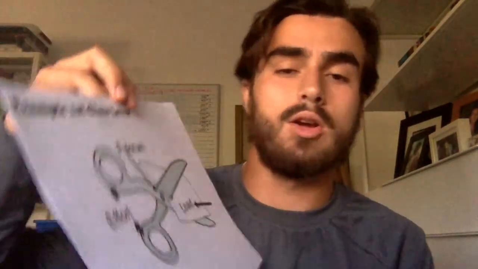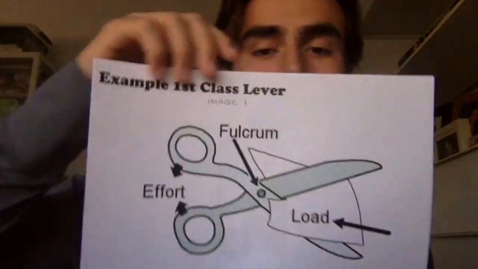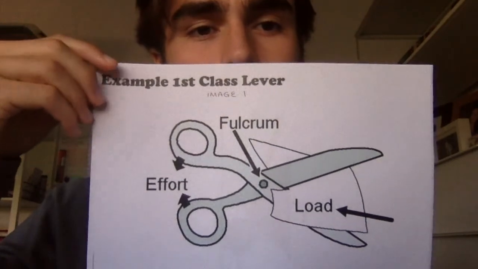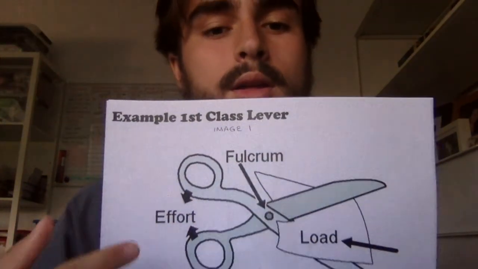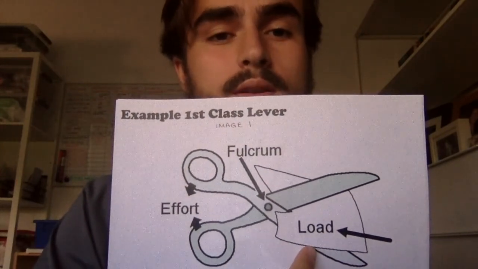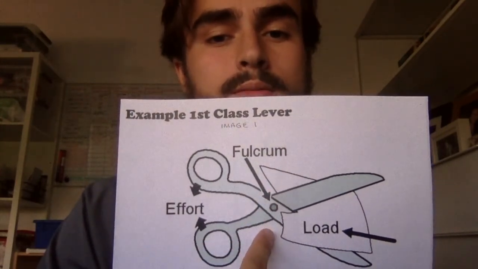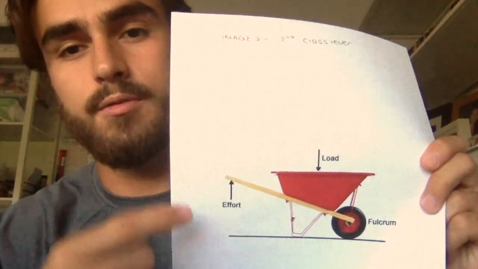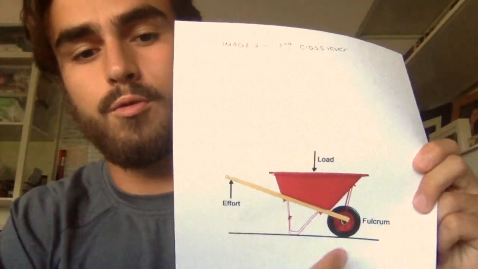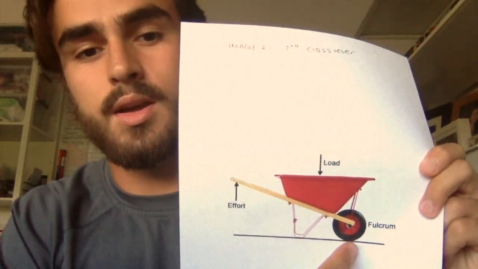So now let's take a look at the 3 types of levers. For the first class lever, examples are scissors, in which effort is applied on one end, the load is on the opposite end, and the fulcrum is in between. Another example could be a seesaw. For the second class lever, effort is applied on one end, the fulcrum is on the opposite side, and the load is in between.